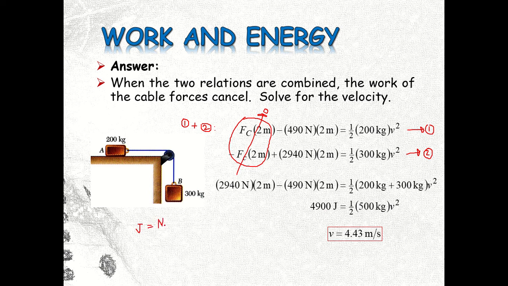So this is Newton meter. Then on the right side we have kilogram. Then we have velocity in meter per second. So you can separate the meter per second, because velocity is meter per second, but this is being squared.